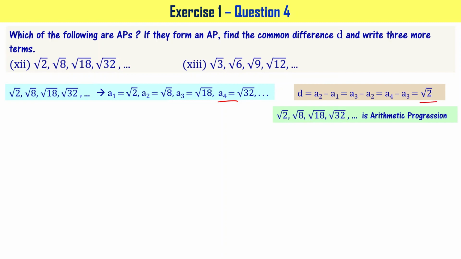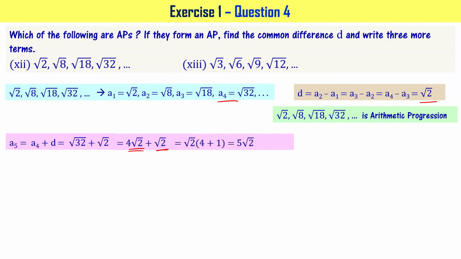Using these two, I can write A5, right? A5 equal to A4 plus D, that is root 32 plus root 2. Root 32 is 4 root 2, right? Now what I have is 4 root 2 plus root 2. Let me take root 2 as the common factor out. Then it is going to be root 2 times (4 plus 1), that is 5 root 2.